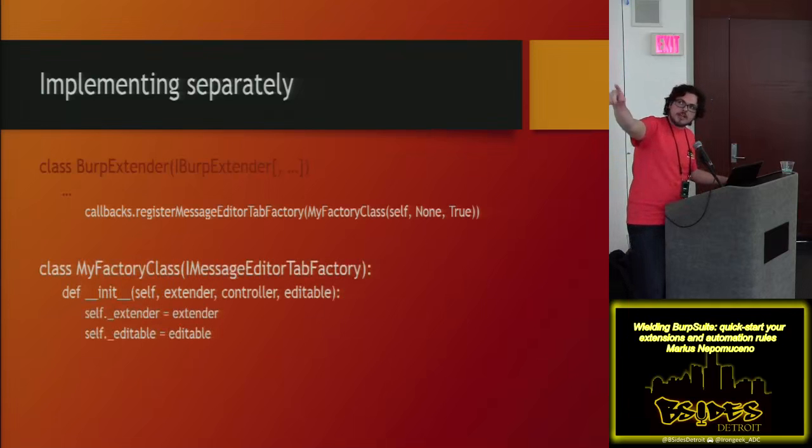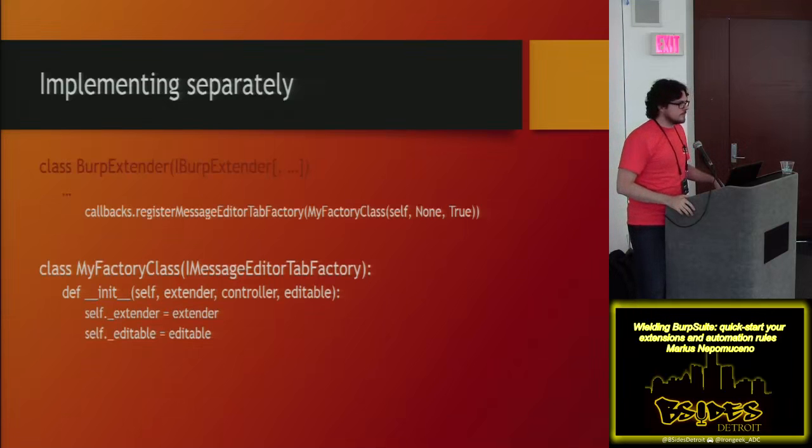My factory class is the one that implements IMessageEditorTabFactory. This allows me to implement more than one tab. So if I wanted a second tab, I would have my factory class 2, and that class would implement the tab factory as well, and I could create a new tab.